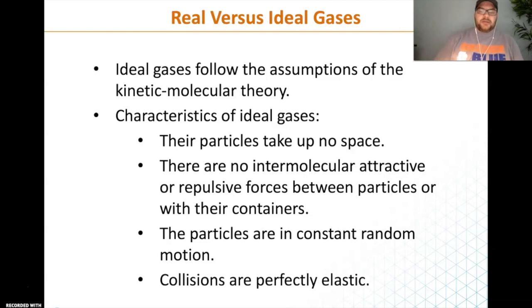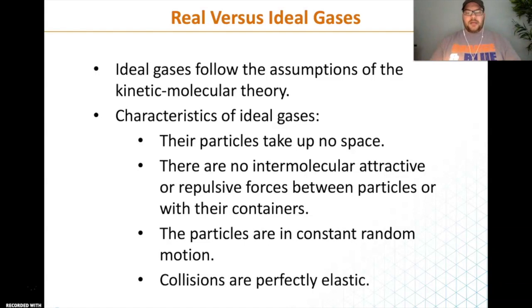So those are things like the particles take up no space, they have no intermolecular attraction, so no intermolecular forces. There's no attraction or repulsion between the gas particles themselves. They're in constant random motion, and when they collide, there's no energy lost. Those are all assumptions made in the kinetic molecular theory model that the ideal gases use.